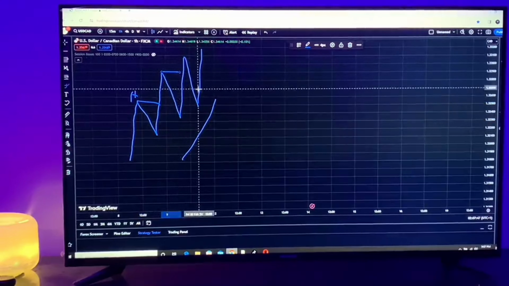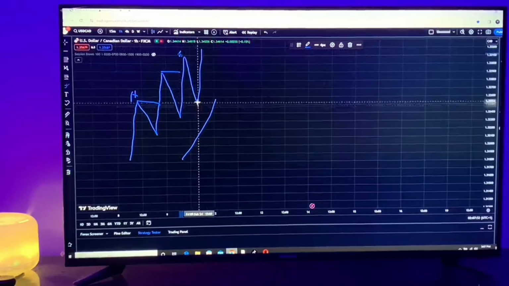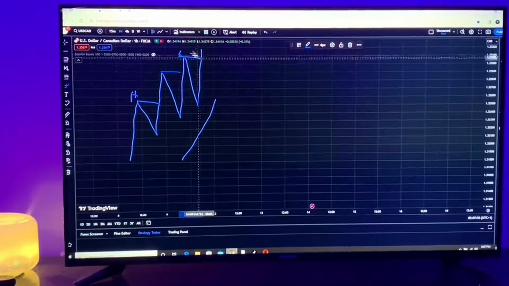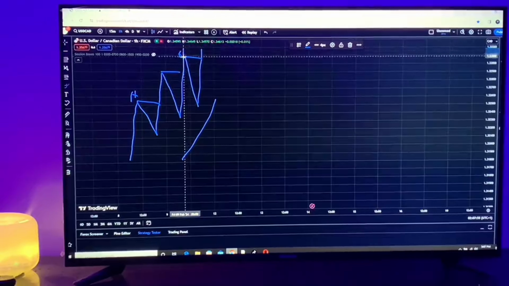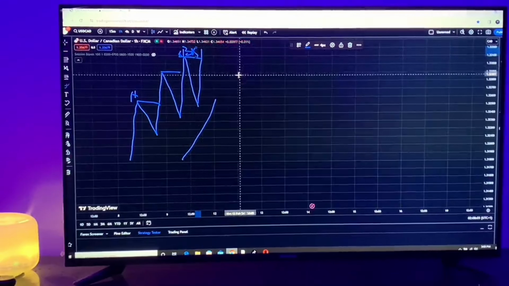This price created this high here to push down to create this low, and this low did its job to take out this high. We still call this a break of structure, or BOS. Sorry, a break of market structure, or BMS.